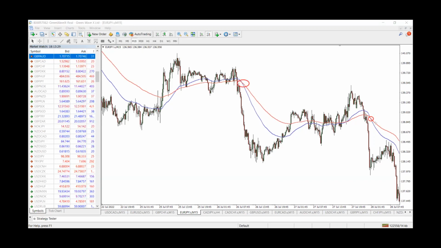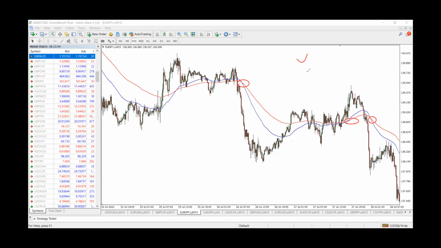There's a crossover here, they sell. There's a crossover here, they buy. Now, the difference between this method and the other method is that this one waits longer. It waits more before it gives you a signal.